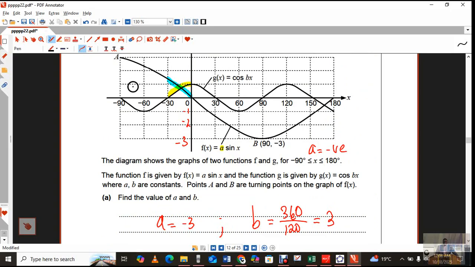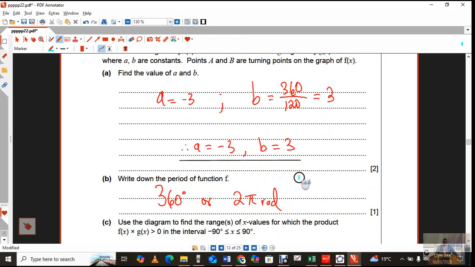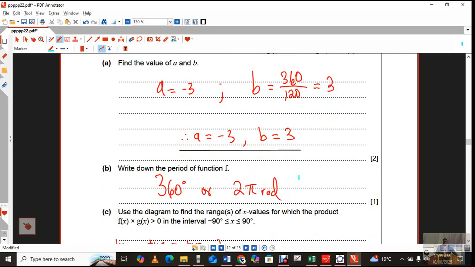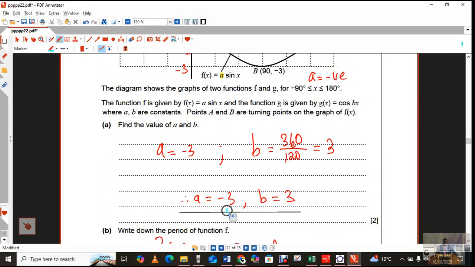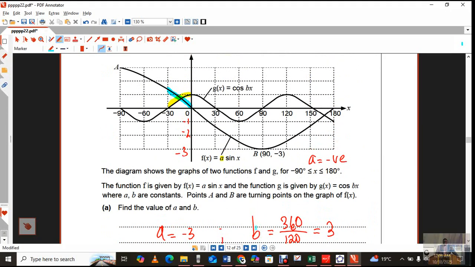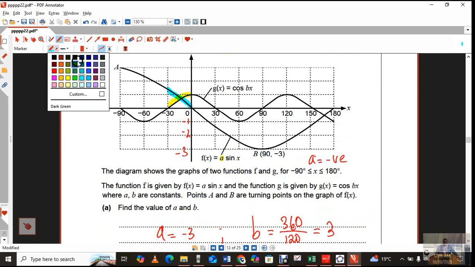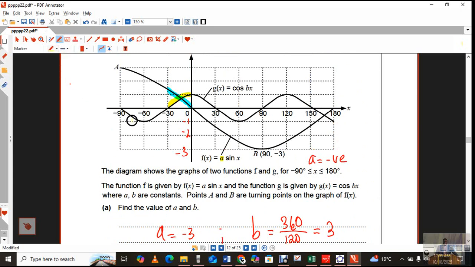It's important also that they are saying we should only consider from minus 90 to 90. So we are only doing our consideration from here to there.